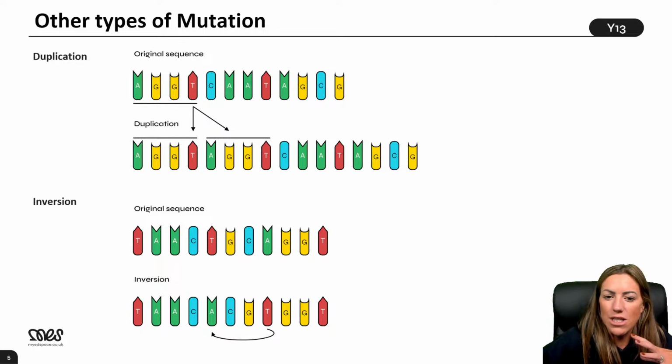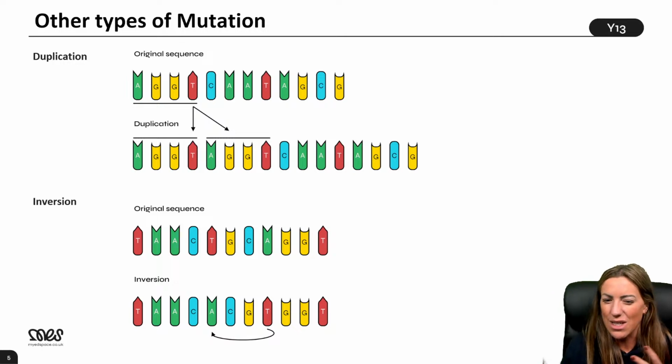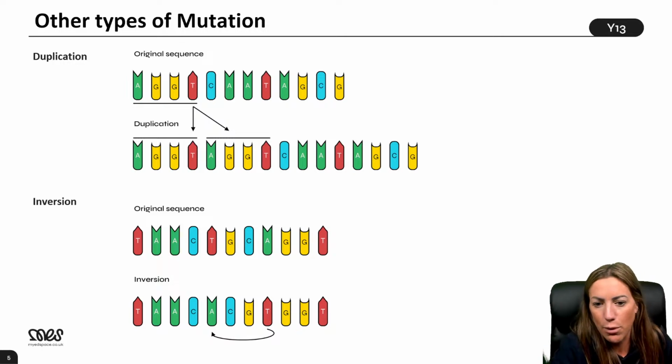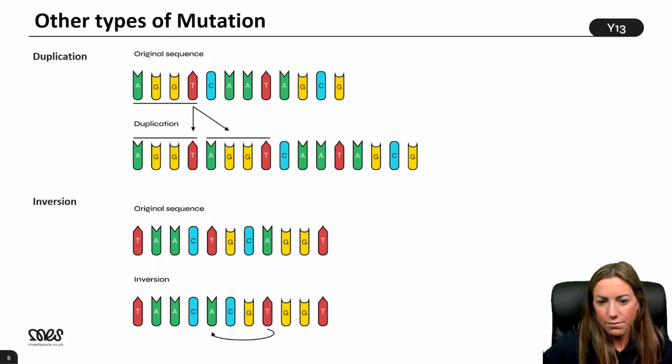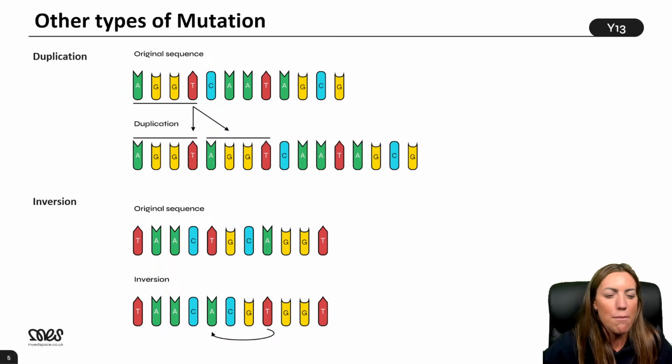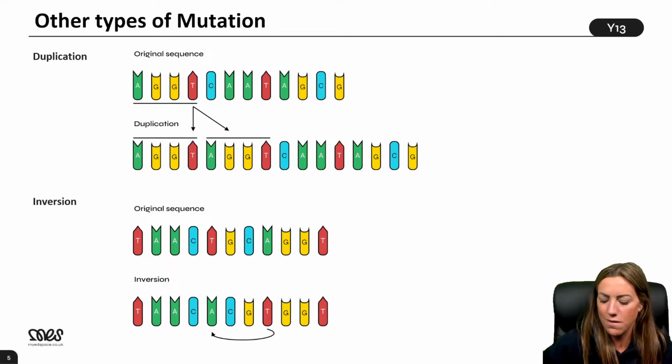Because most teachers probably wouldn't introduce these in year 12. They might mention them, I suppose, but it's just to kind of show you that there are other types. Okay, so more of you are saying no for these ones. You've not heard of these ones. Doesn't come up a lot on the A-level exam. It's just to show you that there are some other types of mutation.